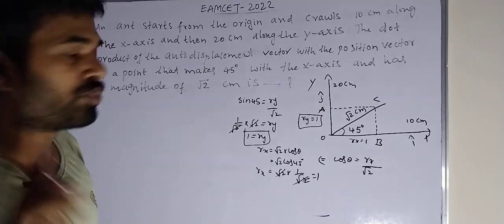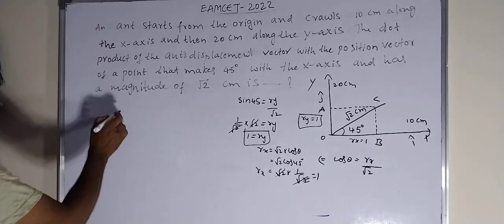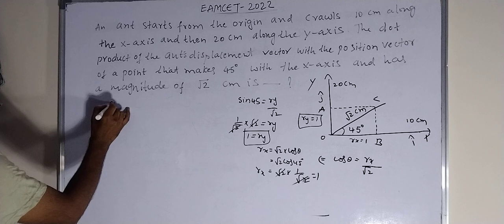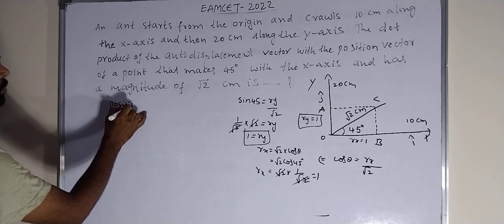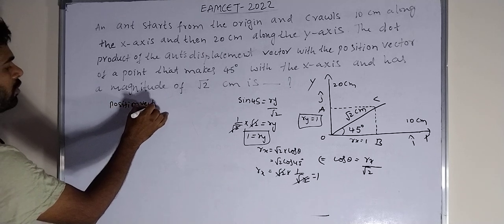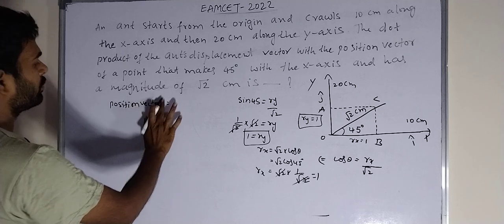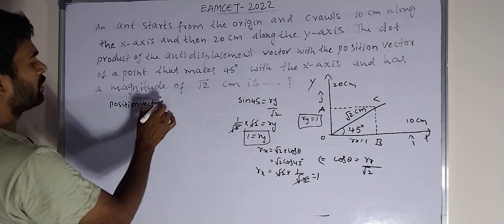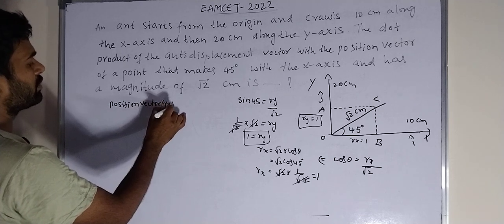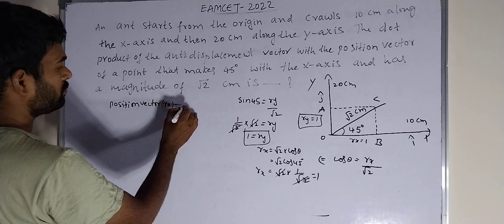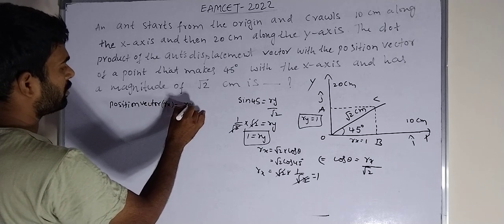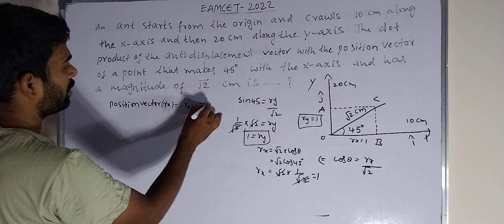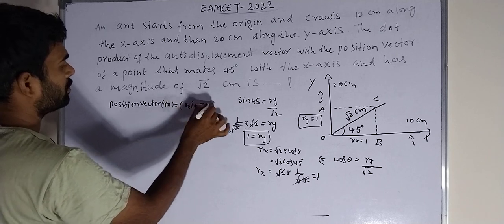So here we can write the position vector. Position vector R is equal to Rx i plus Ry j centimeter.